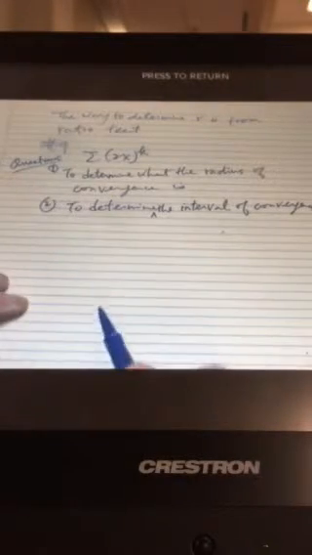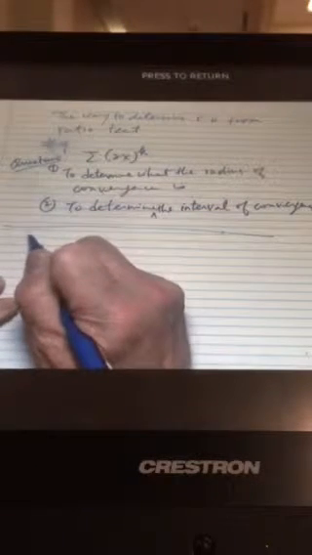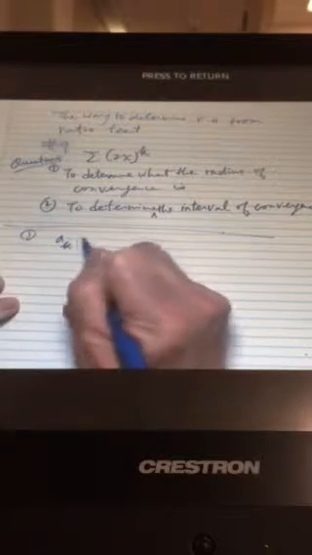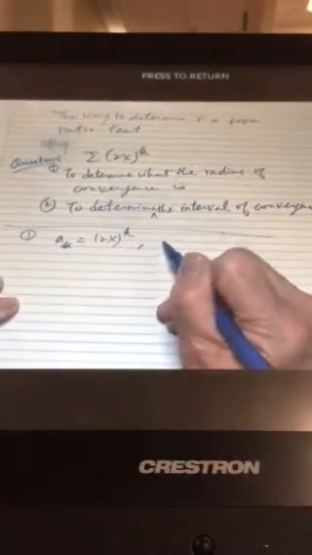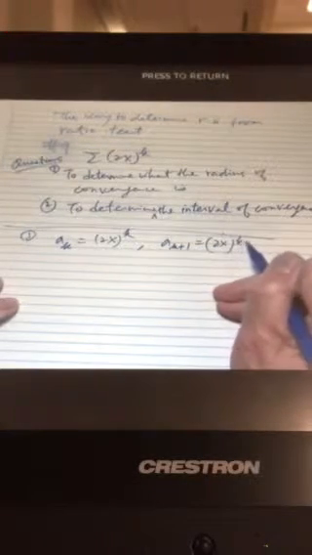So how do I use the ratio test? That's for number 1. a_k is (2x) to the k, and a_(k+1) is (2x) to the k plus 1.